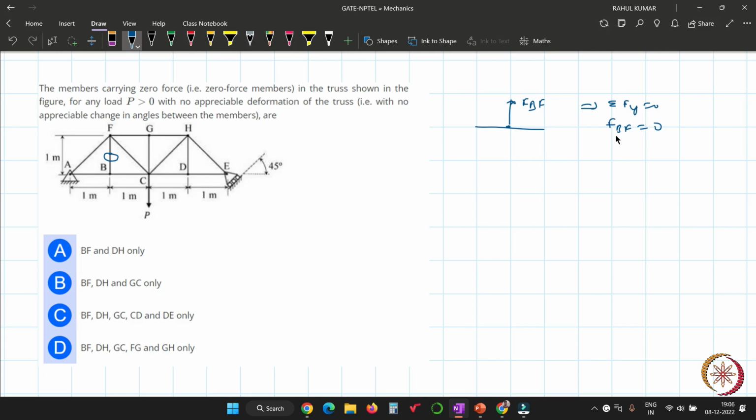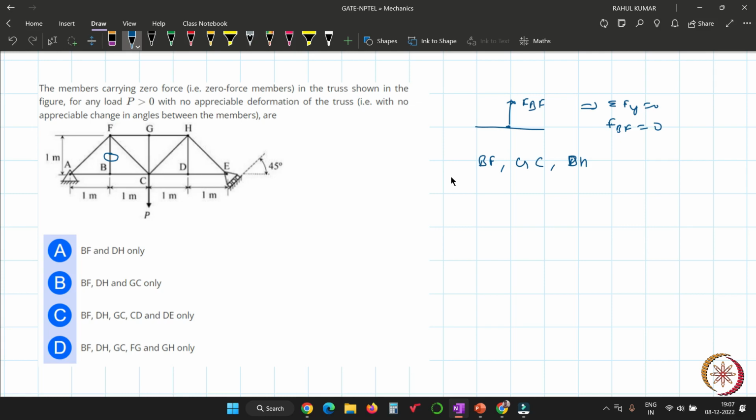And the same situation is for the member GC and for the member DH. So the forces in members BF, GC and DH will be 0.